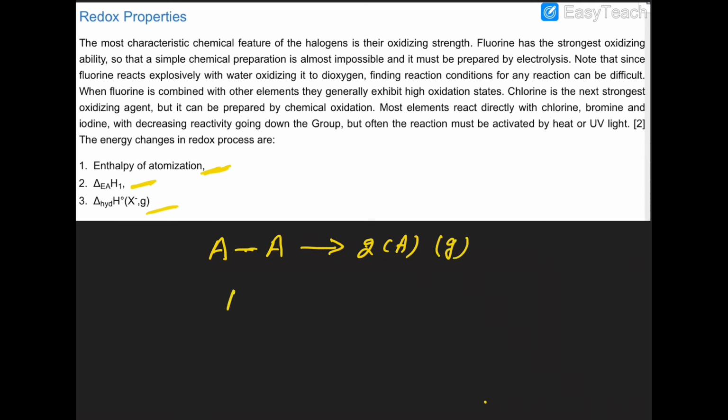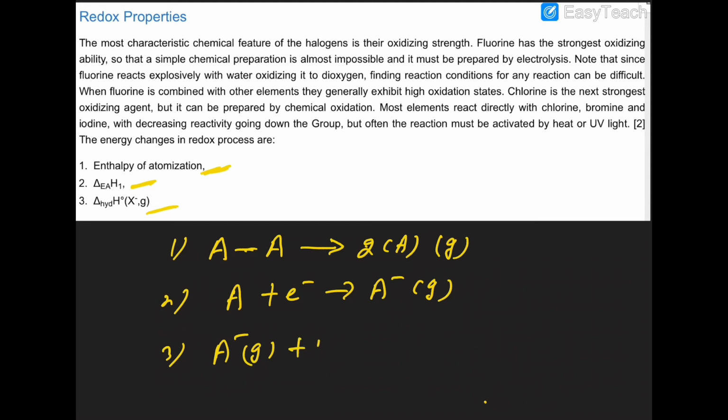Then that atom will accept an electron and becomes a gaseous anion. Then this gaseous anion will undergo hydration to give you aqueous anion. Yes or no? So it has three values.